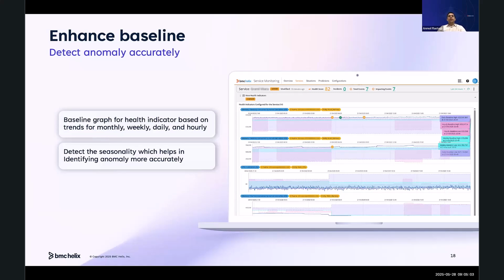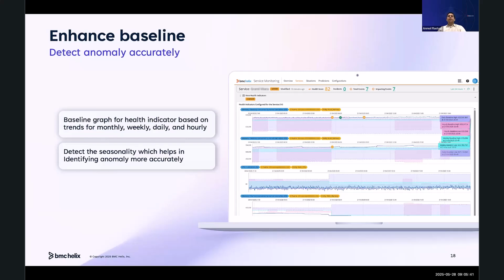So now with this monthly introduction, we identify those kinds of use cases where the customer will not receive the anomaly event if there is a violation from this month to the next month, right? So this will be on a monthly basis, and the same thing applies to the weekend as well. Even if somebody is misusing the system on the weekend, for example, earlier it was not captured rightly, but now with the weekend baseline, users can see exactly what is happening on the weekend.